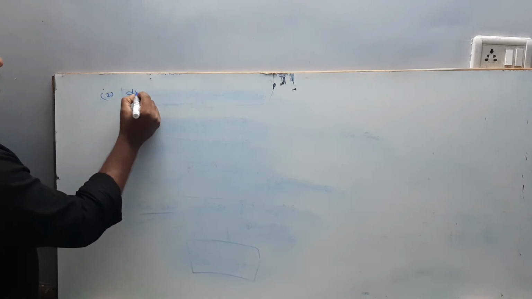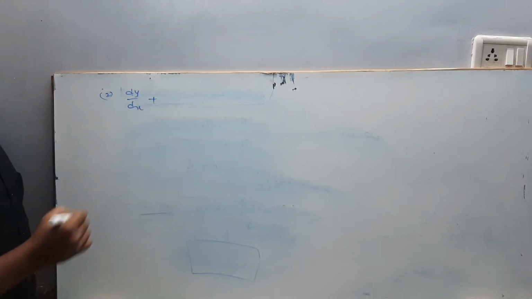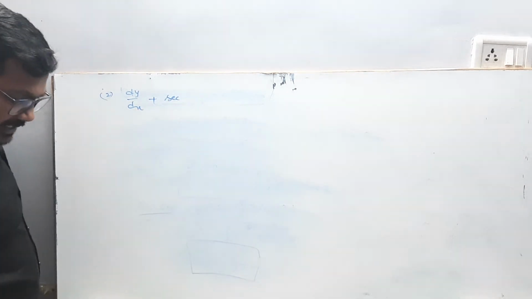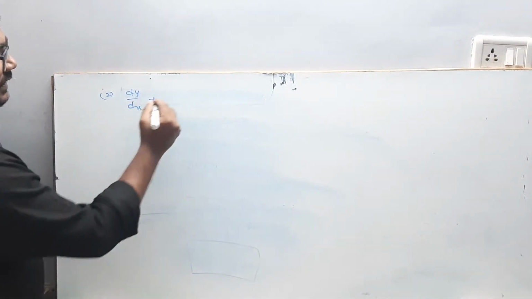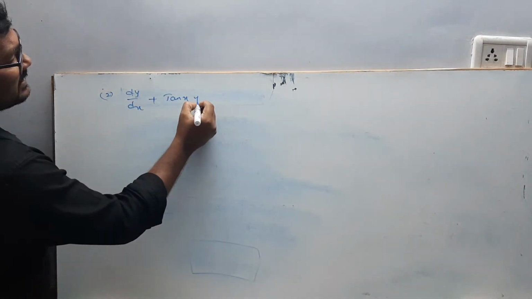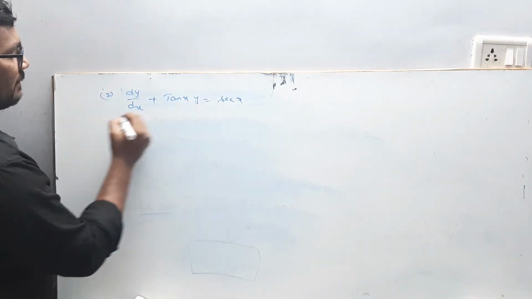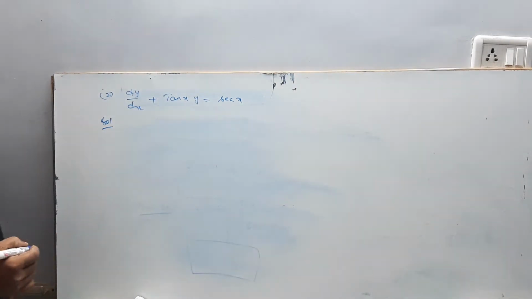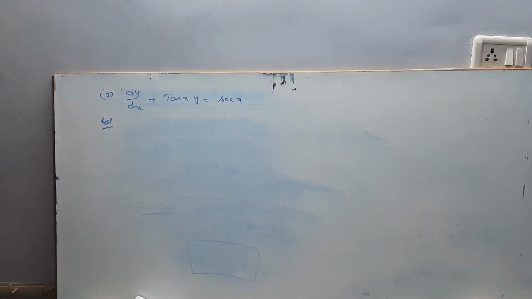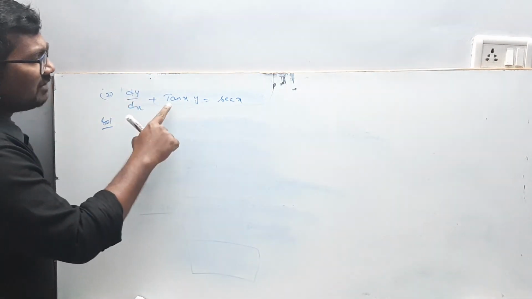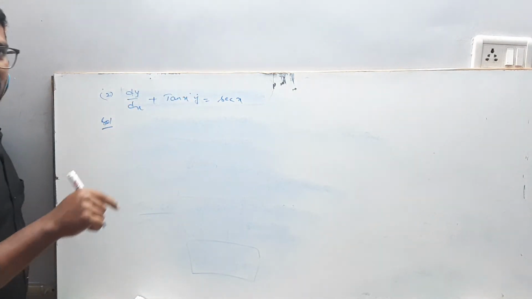In the same way, I have another equation. Question number 2: dy by dx plus tan x into y is equal to secant x. Now I'll solve. See, in hurry mode when we are writing the exam, I said, dy by dx, y appears only one time, so it's linear.